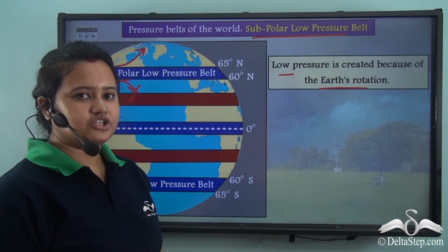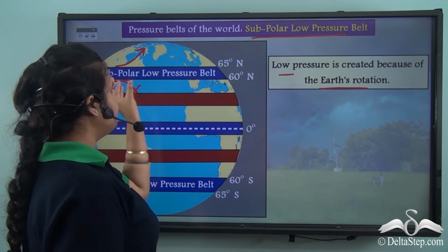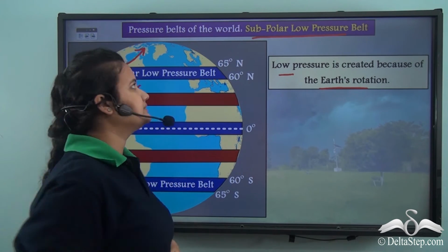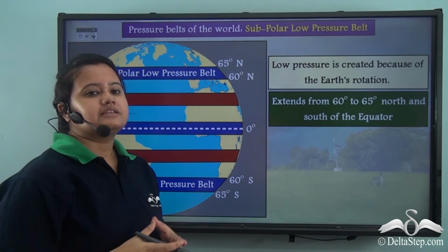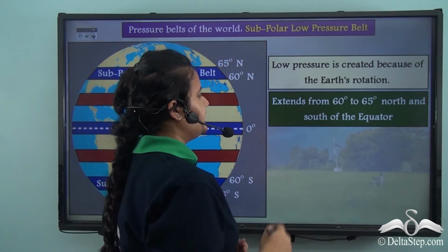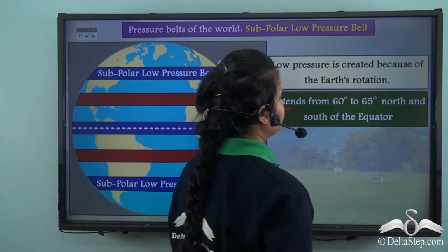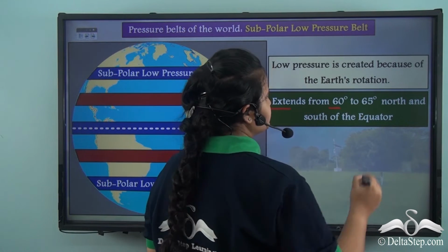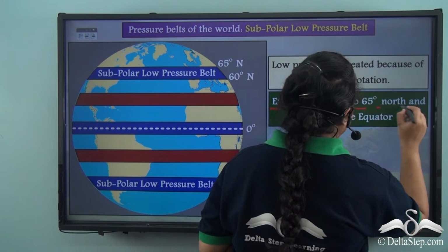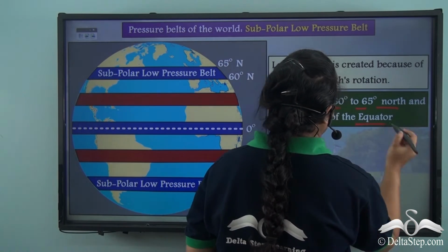So, this region is also known as subpolar low pressure belt. Subpolar low pressure belt extends from 60 degree to 65 degree north and south of the equator.